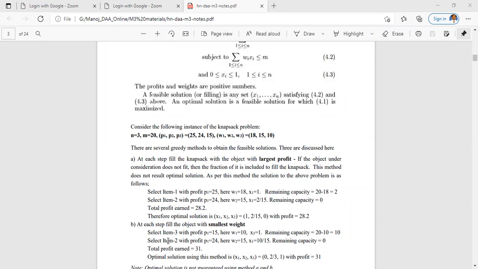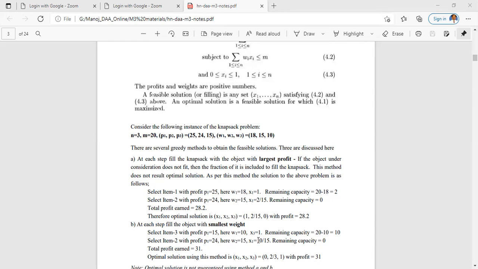Now you come for the second weight. The next smallest weight is 15, and its profit is 24. How much can you fit? Can you fit 15 in 10? No, you can't fit, so go with 10 by 15. So the remaining capacity is 0.